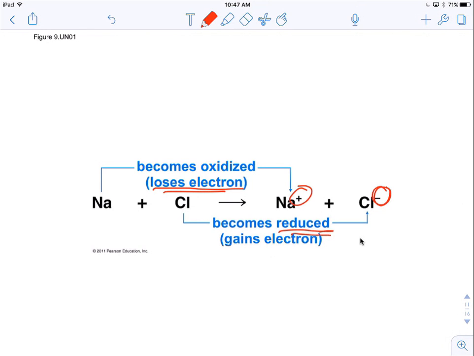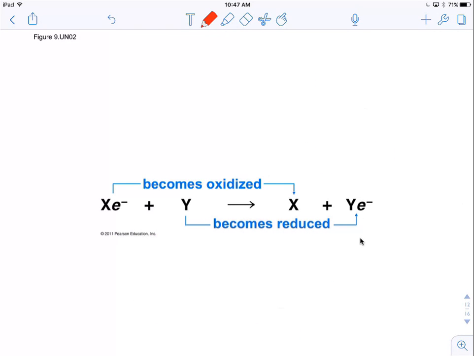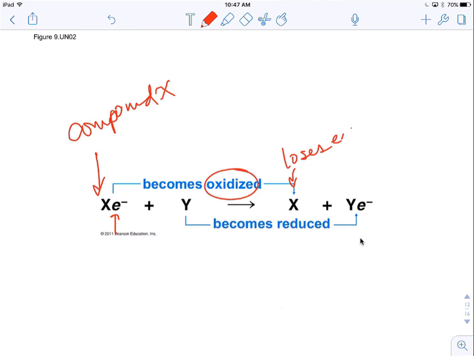Okay, and if we look at that in a more general scheme, because we're not going to be looking at ionic compounds, we're actually going to be looking at molecular compounds, which have covalent bonds. We'll get to that in a minute. So in a more general scheme, compound X, this is not xenon. Compound X, which has an electron, loses that electron, okay, and becomes oxidized.